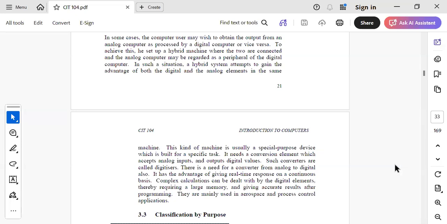And what is it? Then what kind of method was used to develop that topic sentence? Is it explanation, illustration, examples, definition? I think it's at the end, though. Okay, and what is it? Where they said they are mainly used in aerospace and process control applications.